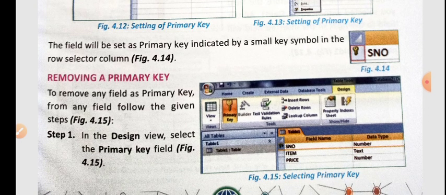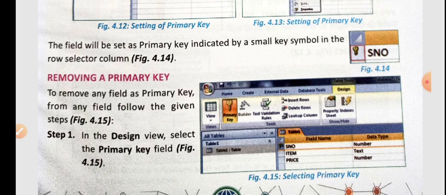And the next topic is how you can remove a primary key. The primary key is a toggle button. What is a toggle button? Like you have seen a switch in the UPS, in the computer, in the monitor: you press it in order to turn the monitor on, and similarly you press it in order to turn the monitor off. A switch in which you can do on and off by just pressing it is known as a toggle button.